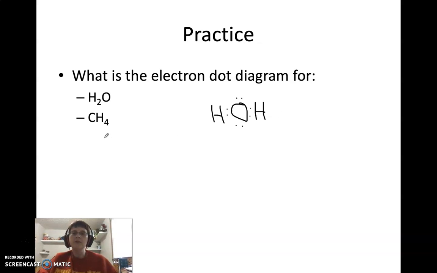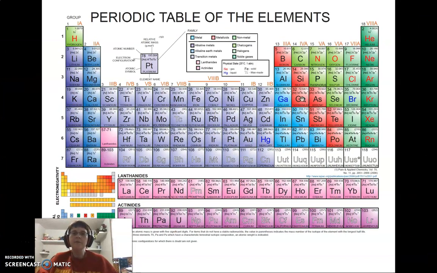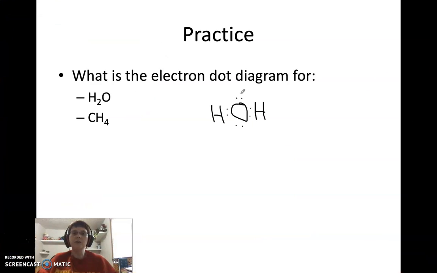So we've got some others. Here we've got carbon and 4 hydrogens. This is methane. Again, if we take a look at the periodic table, we know hydrogen has 1. What does carbon have? Carbon is in group 4, so that means it has 4 electrons in its outermost shell. So we're going to put in carbon, and it has 1, 2, 3, 4.